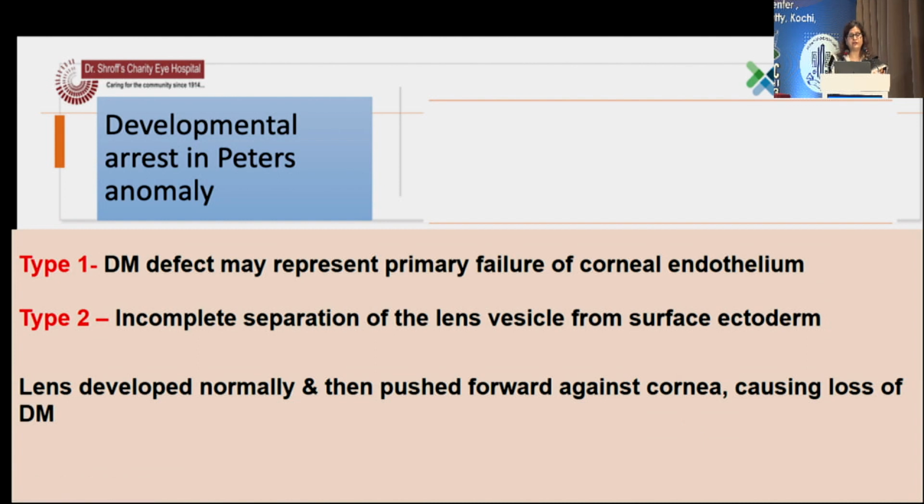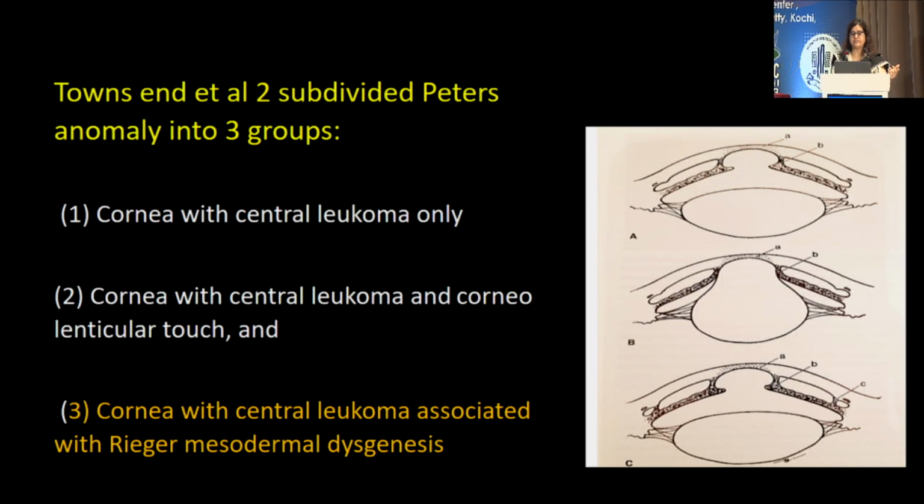Cataract may or may not be there. So basically why this arrest happens is, in type 1, DM defect may represent primary failure of corneal endothelium. In type 2, there is incomplete separation of lens vesicle from the surface ectoderm, or lens, as I said, can develop normally, but then it is pushed forward against cornea, causing loss of DM.